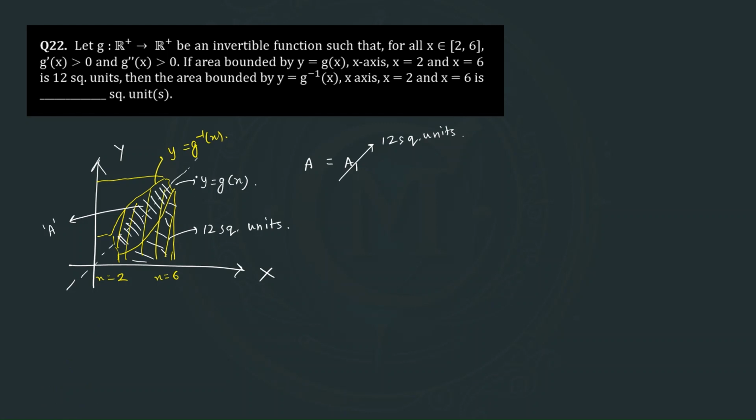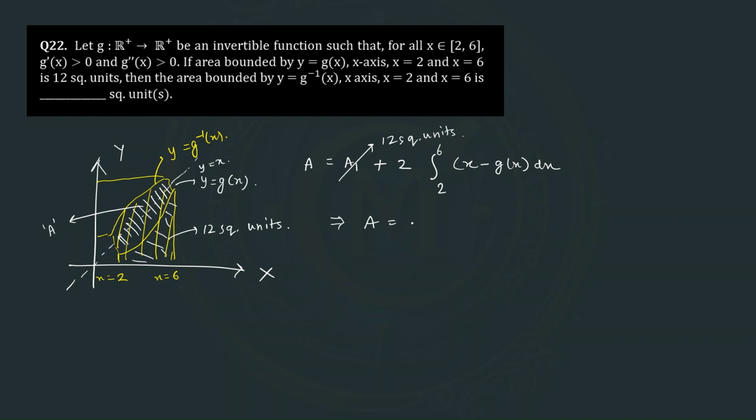So by symmetry about the line y equal to x, we can say that this total area will be 2 times the area bounded by the function g(x) and x between these 2 points. So 2 times integral from 2 to 6. Now as g(x) is concave upwards in this interval, x will be greater than g(x). So we have to subtract g(x) from x: (x minus g(x)) dx from 2 to 6.